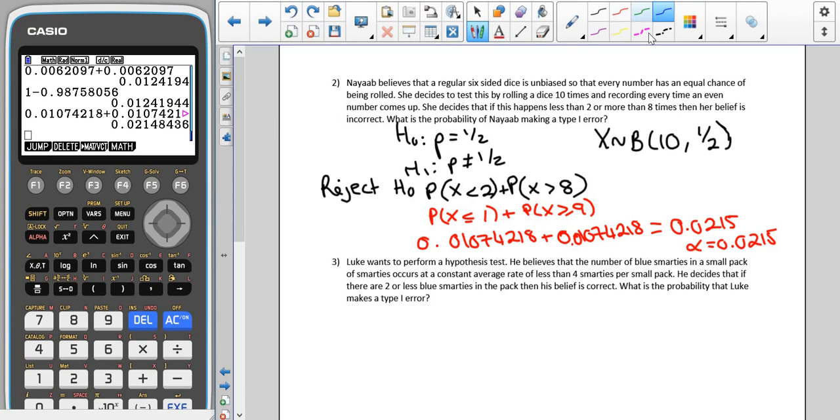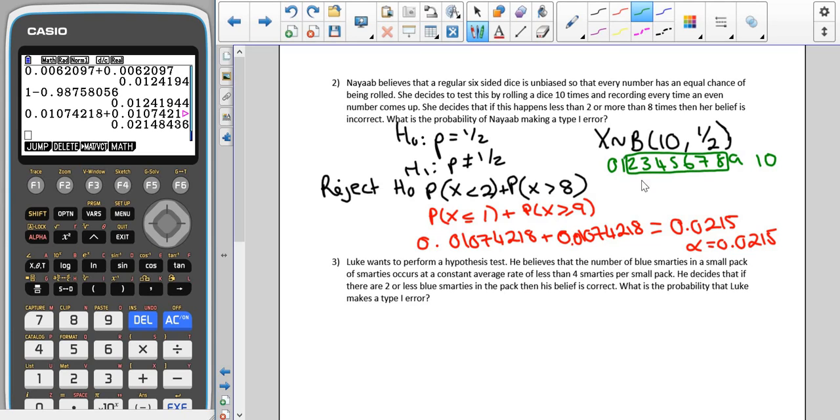But in the same way as I was talking about for the two-tailed normal distribution, if you think about our number line, 0, 1, 2, 3, 4, 5, 6, 7, 8, 9, 10, we are going to accept H0 if we have 2 all the way up to 8.